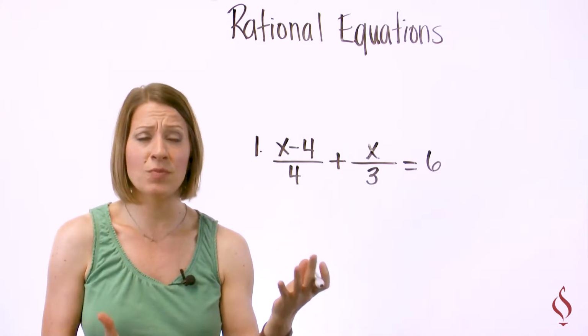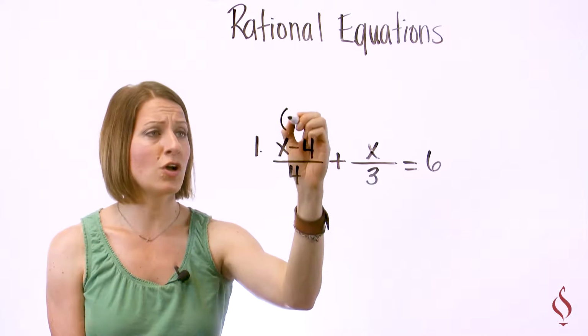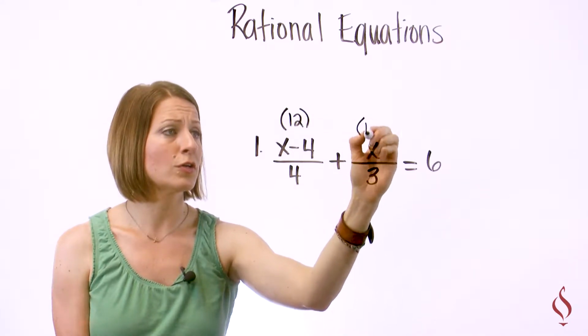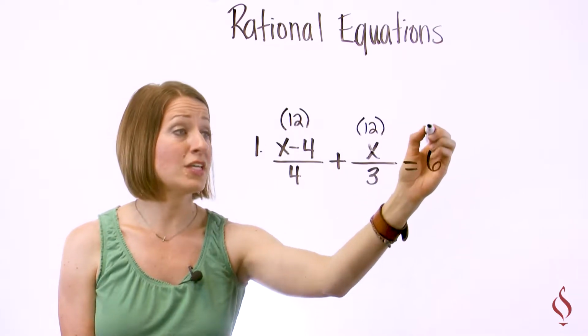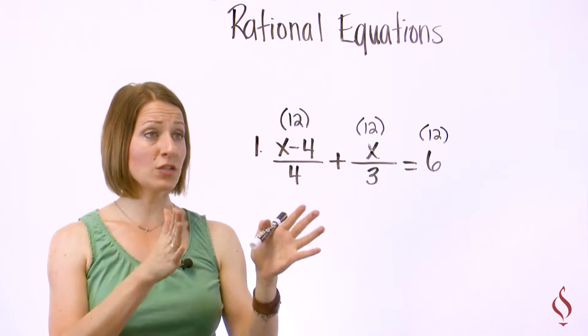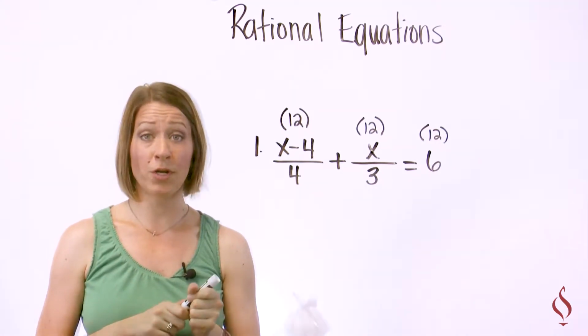And this is how I show my students in class. The first step I get them to do is to draw a set of parentheses and put a 12 above each part, because that's just a physical way to make sure you are going to multiply it by all 3 parts.